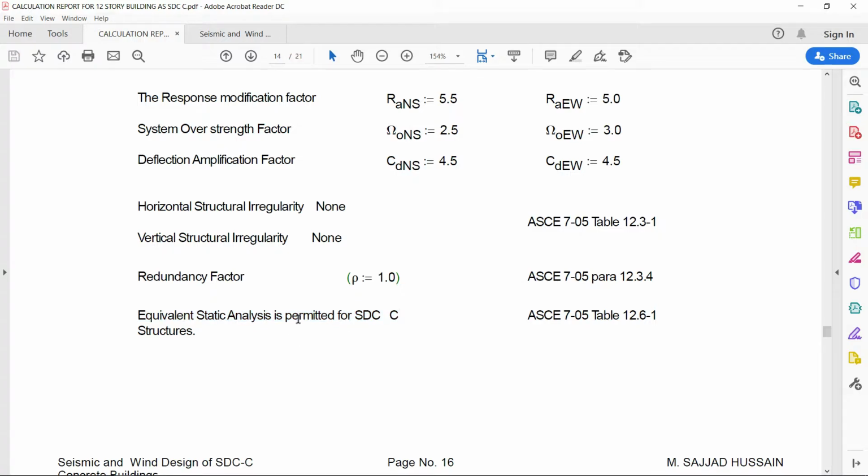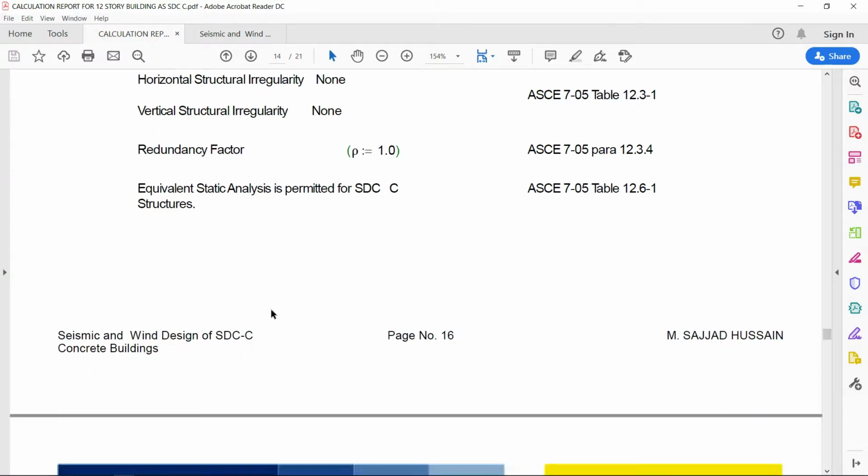So equivalent static is permitted for seismic category C structure. Because at this stage we have to be very careful. As per the table, we have to check whether we can do this equivalent static analysis, or we have to go for another type of analysis like response spectrum analysis or a detailed time history analysis. So equivalent static analysis is permitted. That's why I am using this equivalent static analysis.